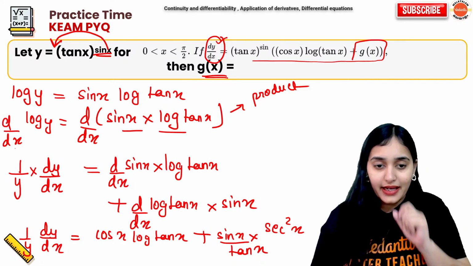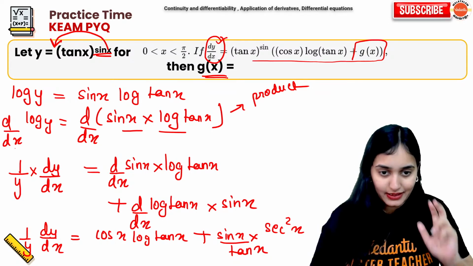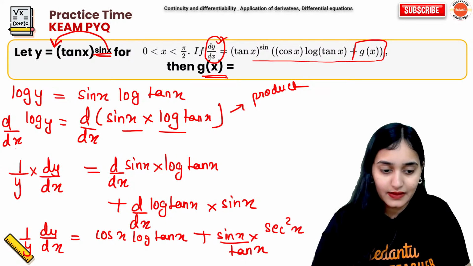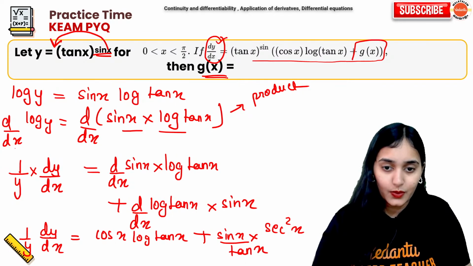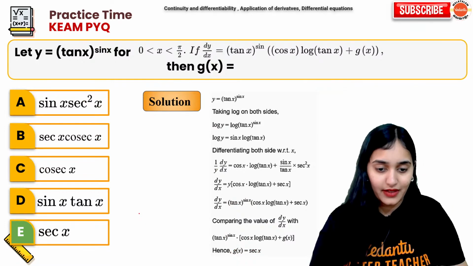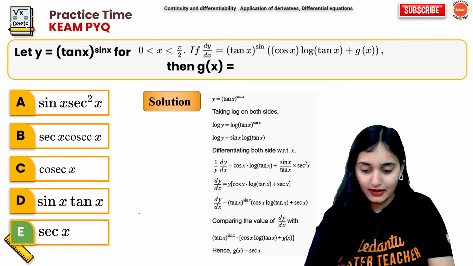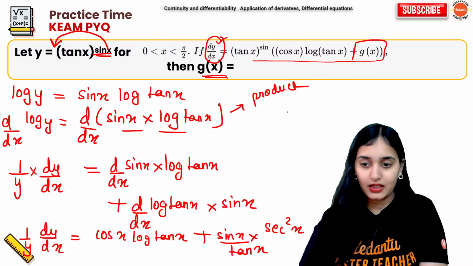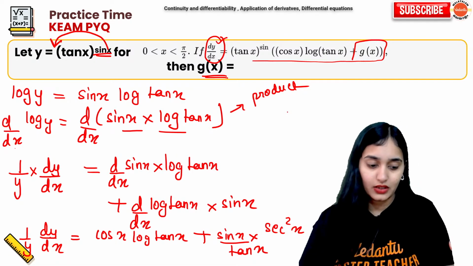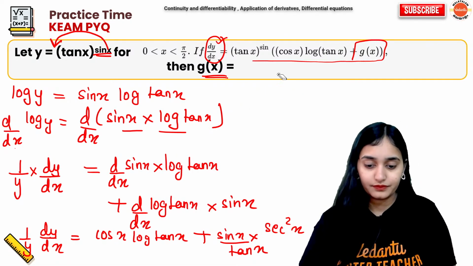Now you simplify and check what do you get. So till here everybody is clear? Okay. So we have next. I don't have space. Let me just write it over here.